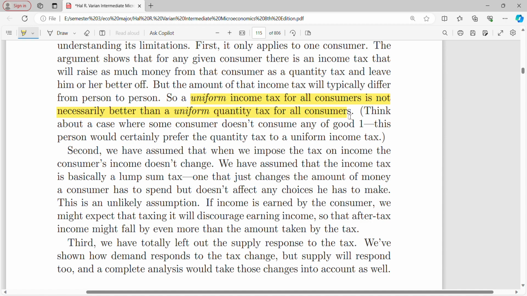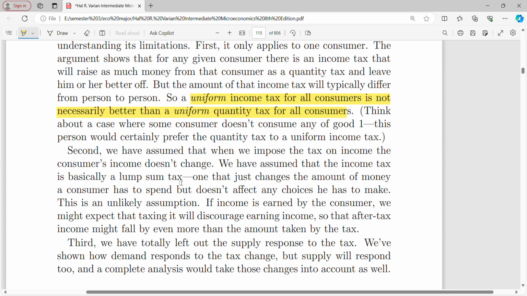That person would certainly prefer the quantity tax to a uniform income tax because he doesn't want good one. If the price of good one is increased, he doesn't care because he is just dependent on good two. So for such a person, quantity tax is better. Otherwise uniform income tax will be better, but there are different people with different preferences. That is the limitation itself.